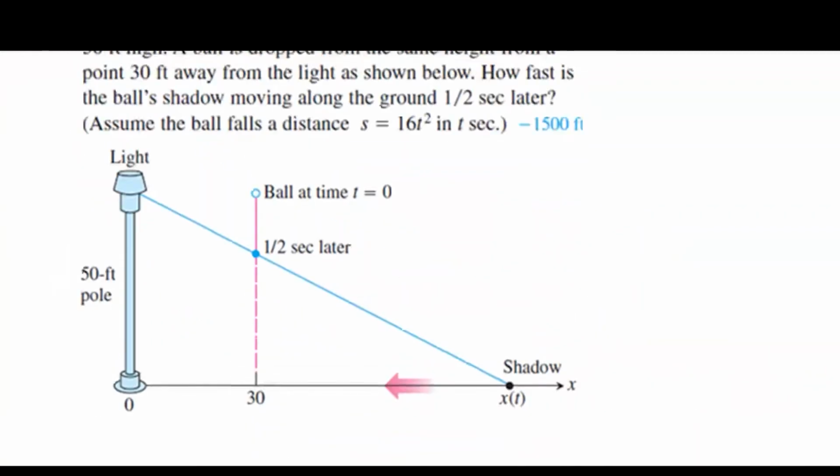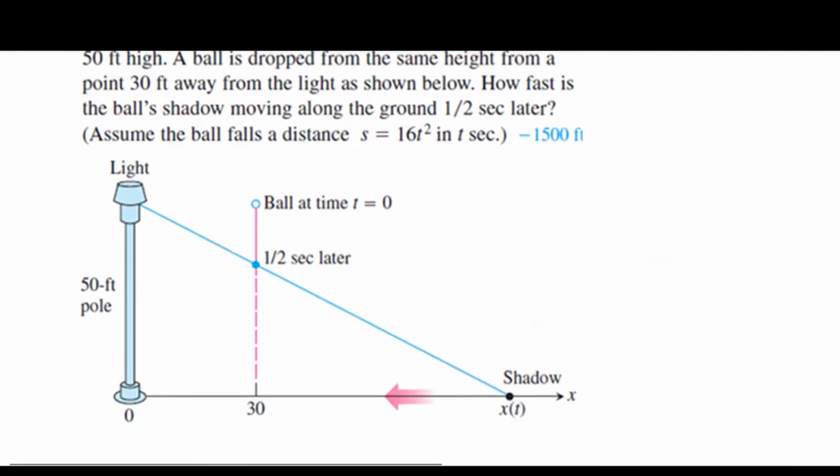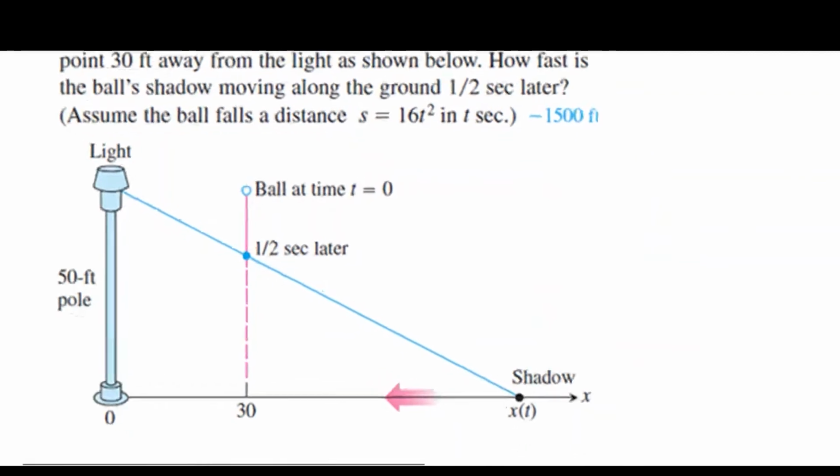Number 30, the ball dropped, right? And as the ball is dropping, the shadow will move towards that point too. Correct? Okay, so this S is the position. Let me zoom in a little bit. In this picture, S is this length. And that S is given by 16t squared, right?